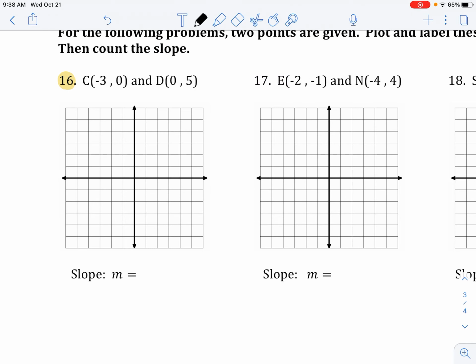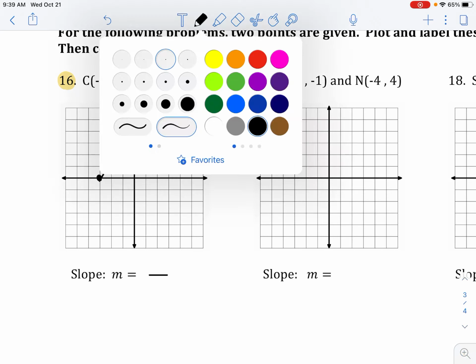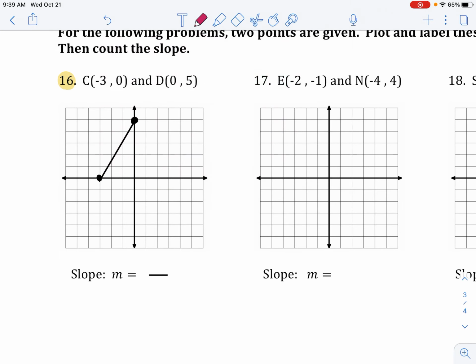So negative 3, 0, to the left 3, and then we don't go up or down. And 0, 5. We don't go left or right, but we go up 5. 1, 2, 3, 4, 5. Okay, we're going to connect them. And we're going to go ahead and find our slope. So the rise is up 1, 2, 3, 4, 5.